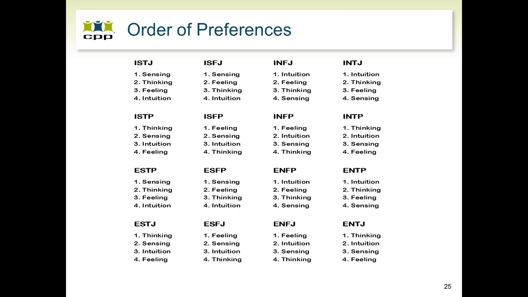We won't go into it here, but if you don't know your order of preferences, you might want to find it on this table and make a note of it, which will personalize the examples that we give next. This table is in all the MBTI publications. And there's also a formula, if you don't have a publication handy, there's a very easy formula for each type to figure out which is number 1 and which is number 4.